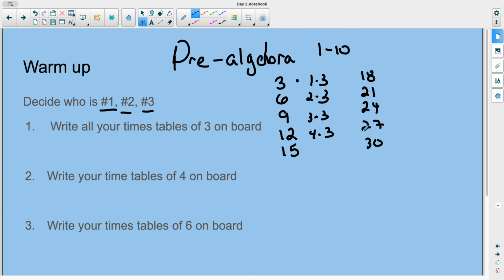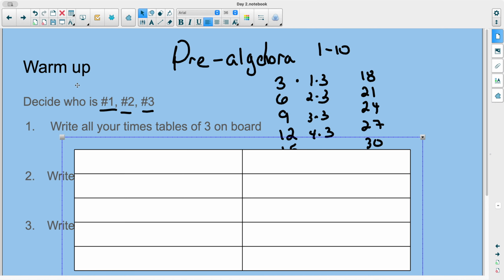Now we're going to go to our times tables of 4. So if you want to, you can pause a second, see if you can do it. How about this? I'll even make it nice. Let's make a little table here.